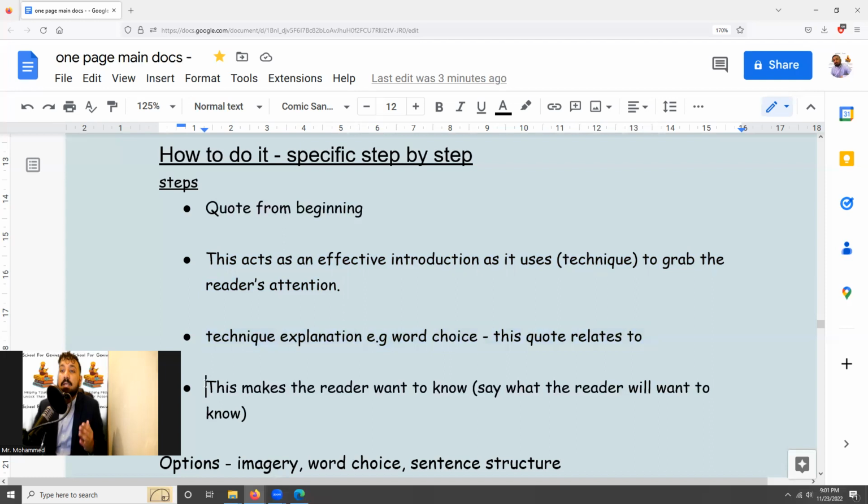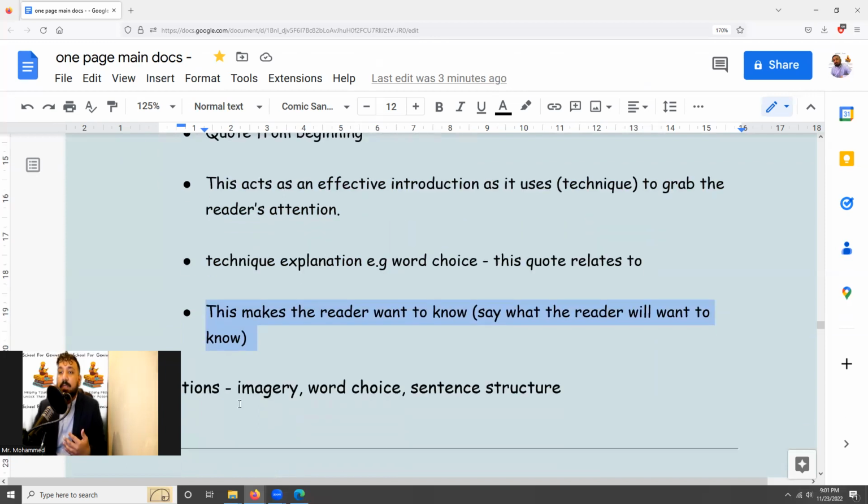And then it's so simple. You don't even have to do the final step of the technique. All you have to do is say this makes the reader want to know, and then say what the reader might want to know based on the quote, based on what you've explained. And again, in terms of your options, the easiest is word choice. And then also you could do imagery, or sentence structure, or tone. Those are your other options.